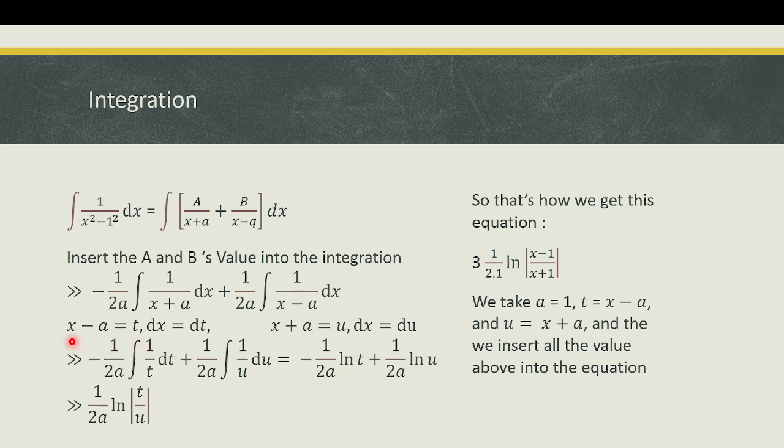So we're using the integral formula, so we change x minus a into t, so dx will equal dt. Same here, x plus a is equal to u, so dx will equal du.